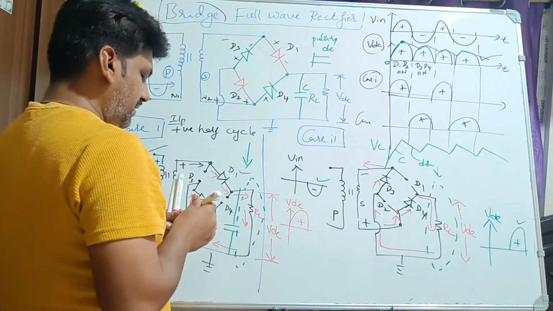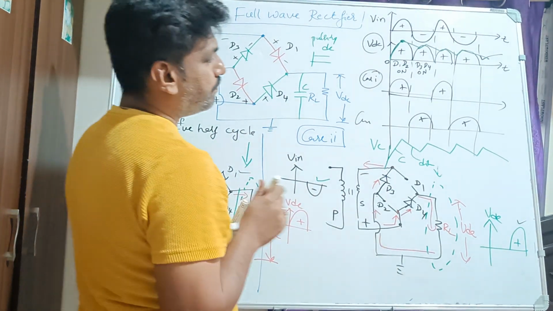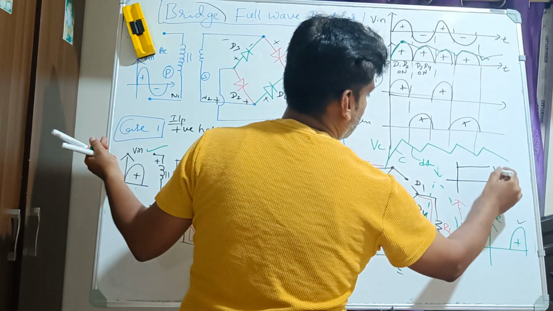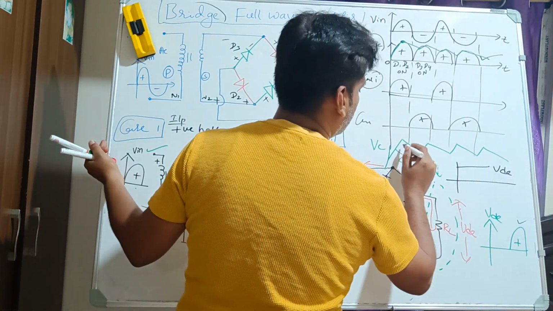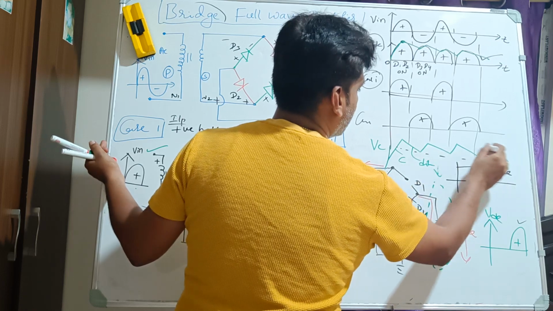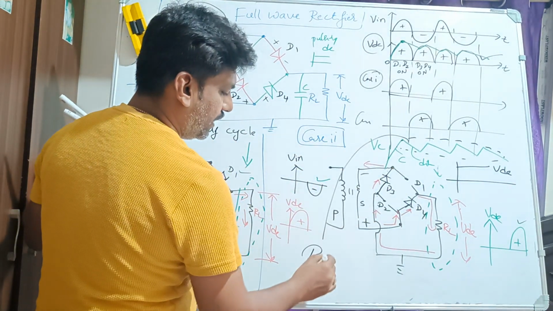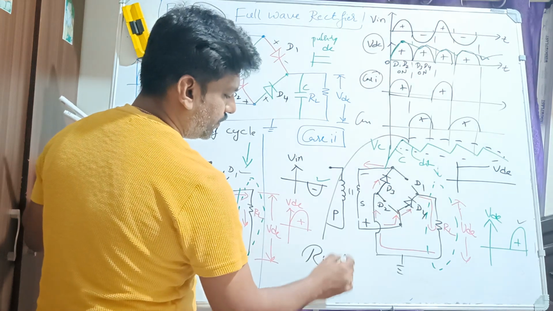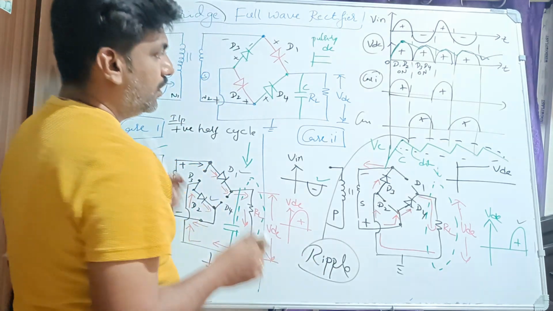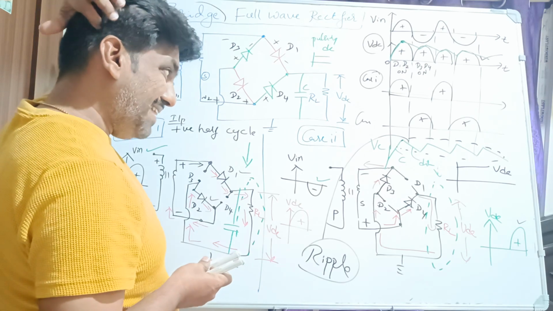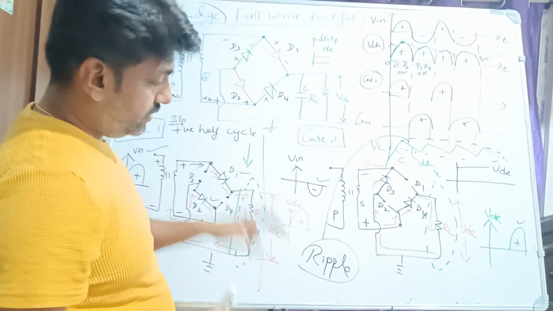So this resembles a constant VDC, but it is not. This pattern we call by the name ripple, right? It is a measurement of the amount of AC content in the DC output, which is called ripples.